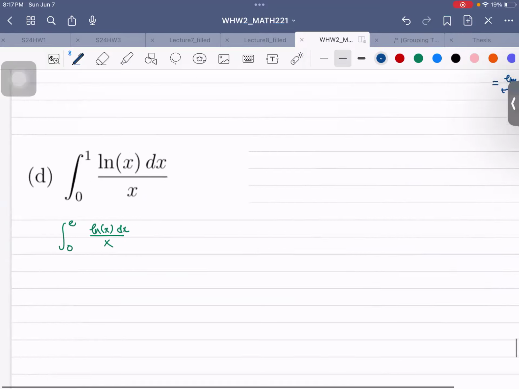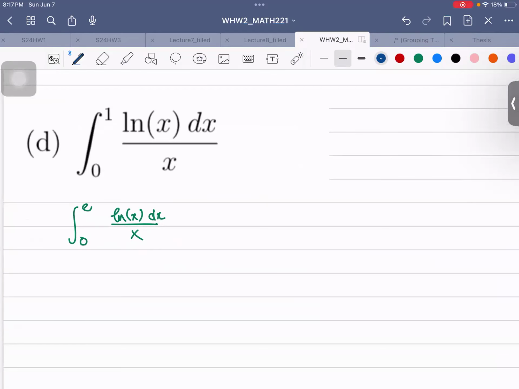Okay, let's continue with the next one. Again, over here the bound is not infinity, so it should be type 2 for the improper integral, and you can see that your function has a vertical asymptote at 0.